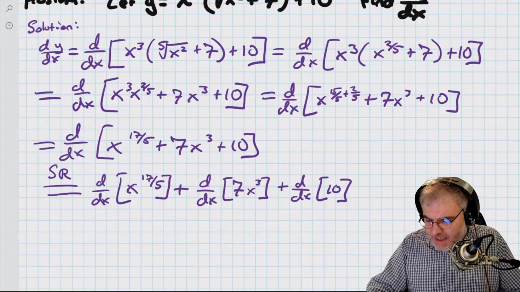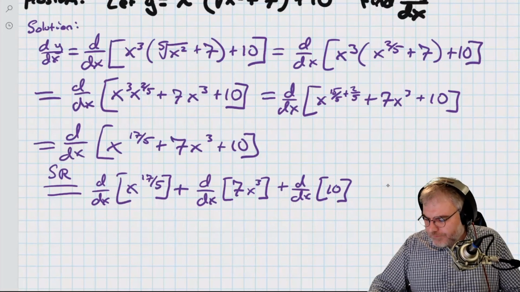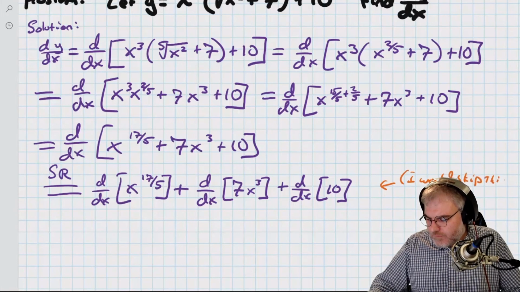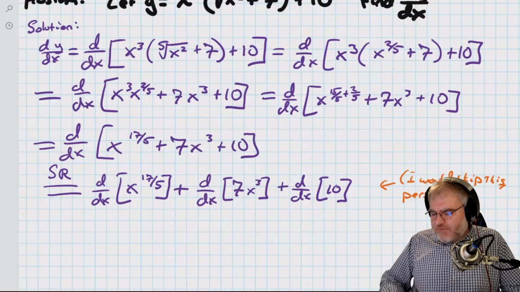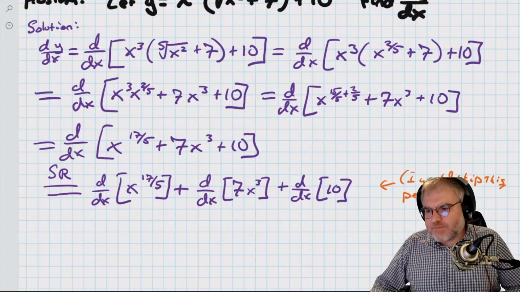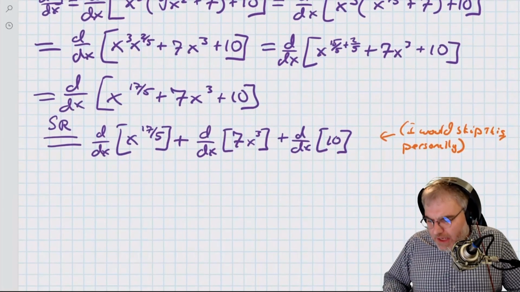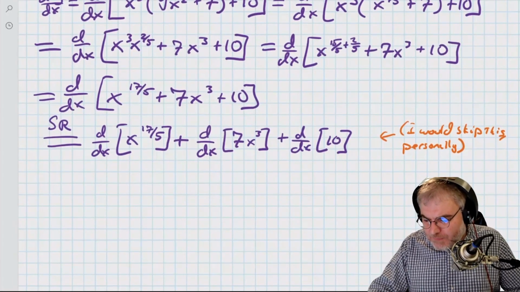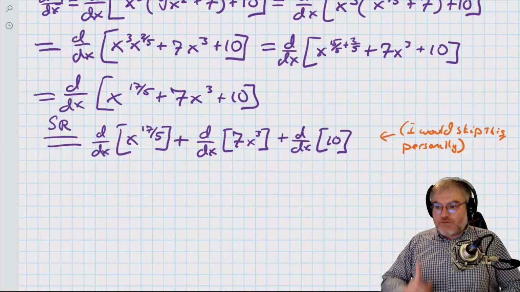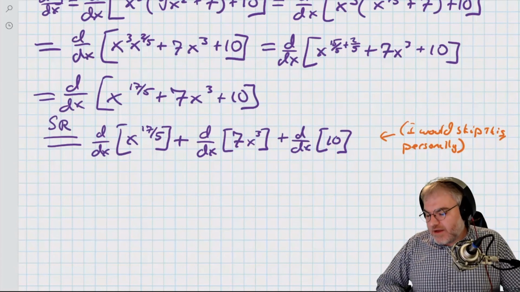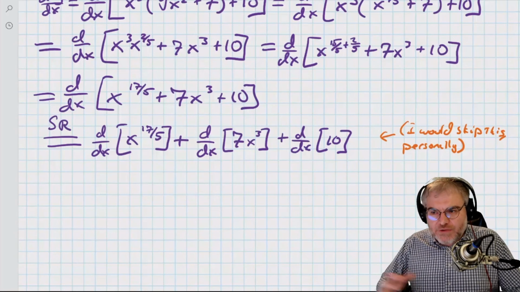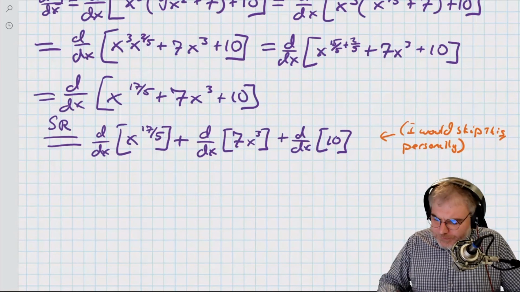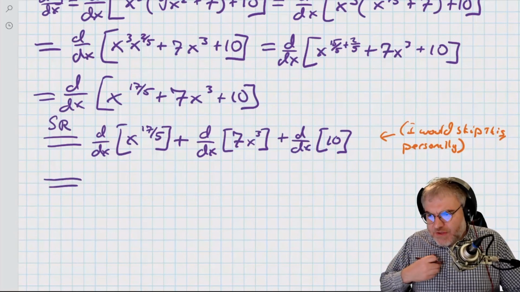I would skip this step for a polynomial, by the way. If I'm dealing with sums and constants and constant multiples, I would skip those just because you don't really need them. I would never skip a product rule step, and I would never, ever skip a chain rule step. But I might skip some. I would write them out for yourself at first.